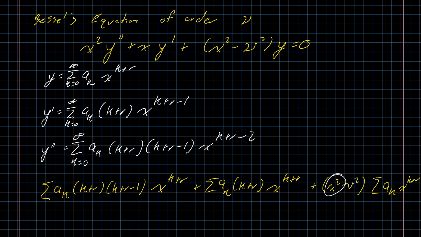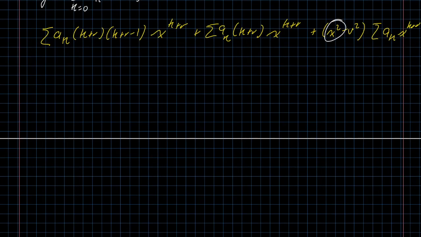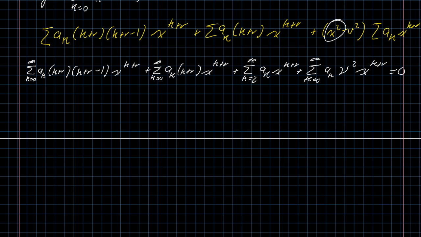Right. So really the only issue we have is the x squared that's sitting right here. All right, let's see if we can do something with that. Well, I guess one way to think about that is to split this up. All right, so the first two summations stay the same. I am going to put my indices back on there.